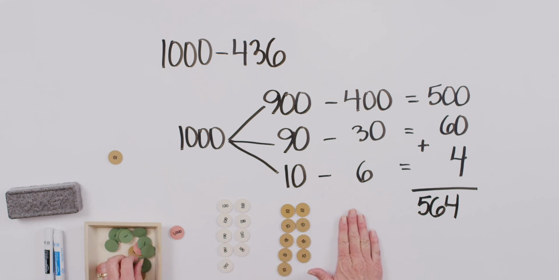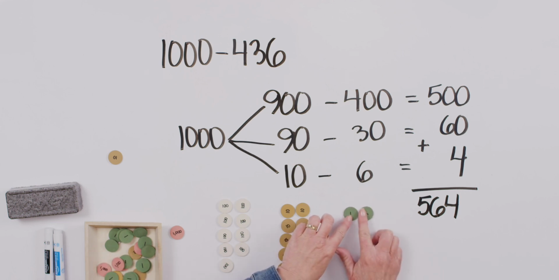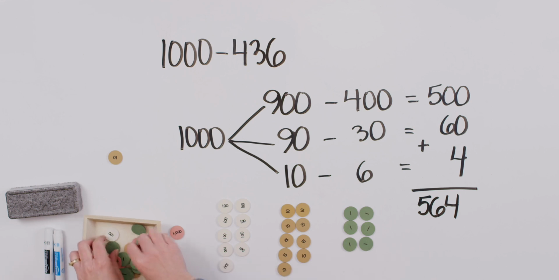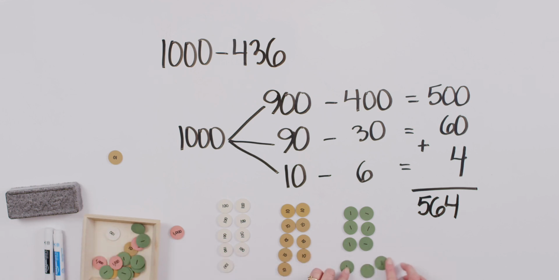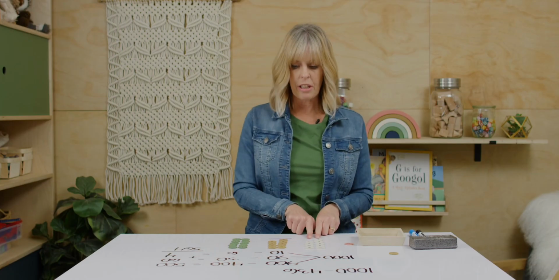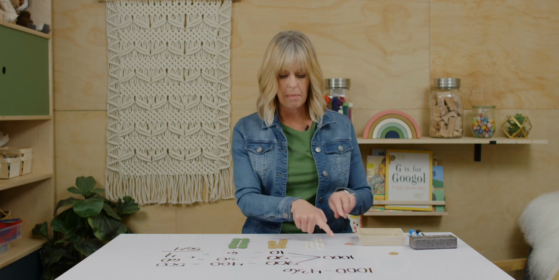But you know what I'm going to do? I'm going to put 10 ones down here since we are going to subtract ones from it. So here's my 10 ones. All right, would you agree I have 900 plus 90 plus 10? That's going to give me this 1,000.